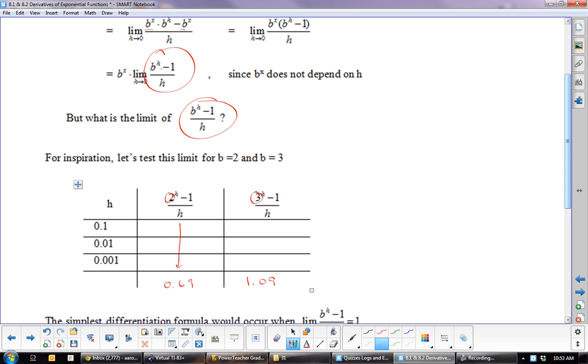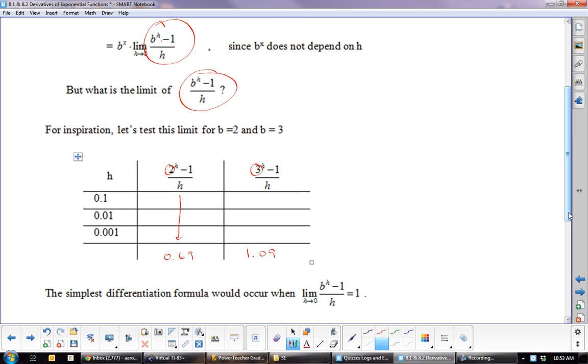So there is a number, actually, a power I should say, that if you put it into this formula, you get the answer 1. And obviously, it's going to be between 2 and 3. The number that actually gives you the answer 1 is 2.71828.